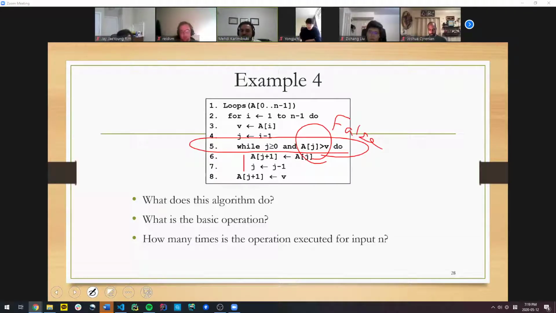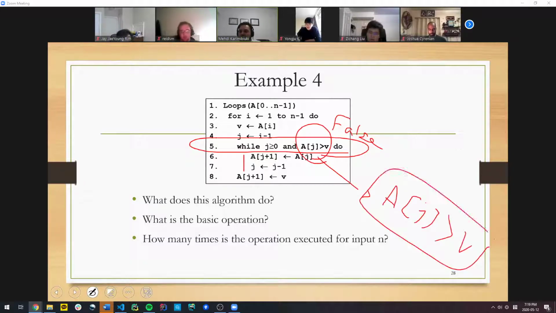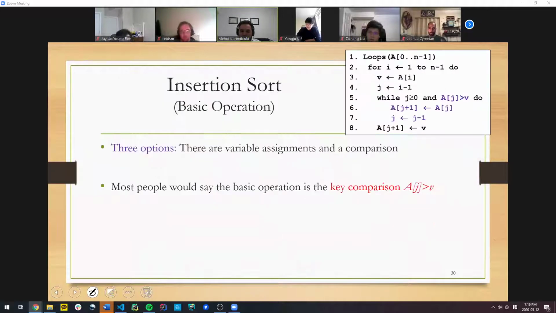So in my opinion, this condition here, A[j] bigger than v, is a basic operation because it has been executed most in this algorithm. Right?